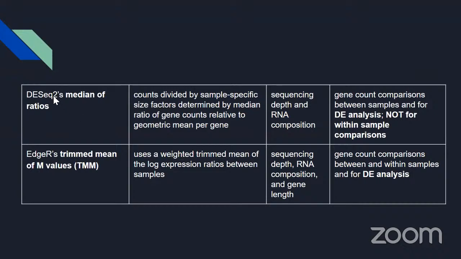The idea is to look at, for example, two groups: a set of tumors and a set of controls, with several replicates within each. You want to see whether a particular gene is different between these two groups.